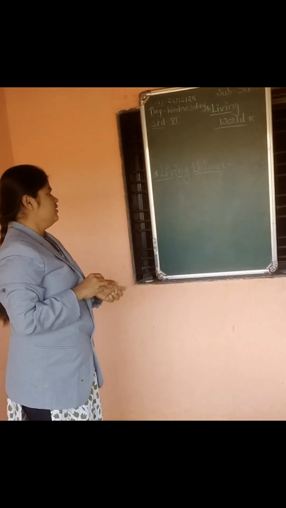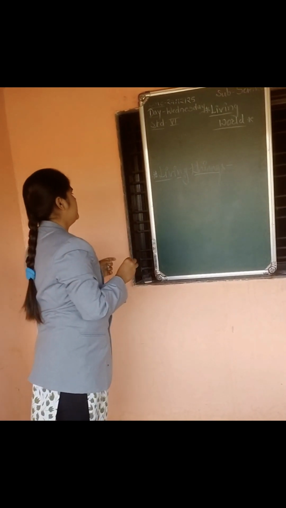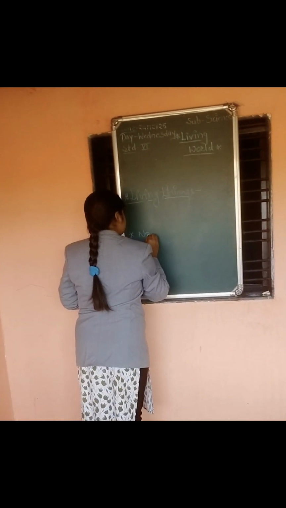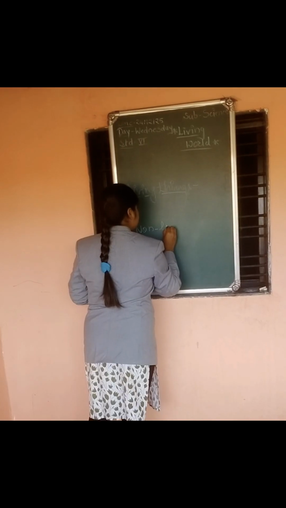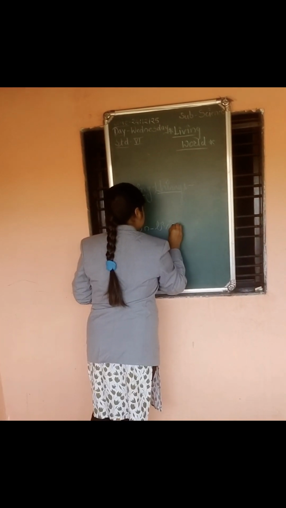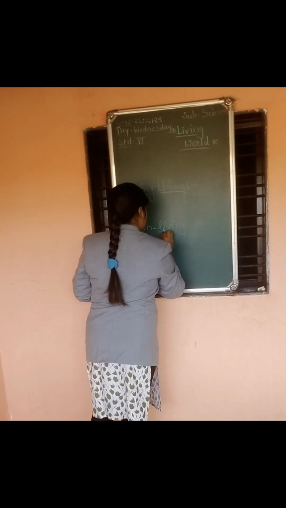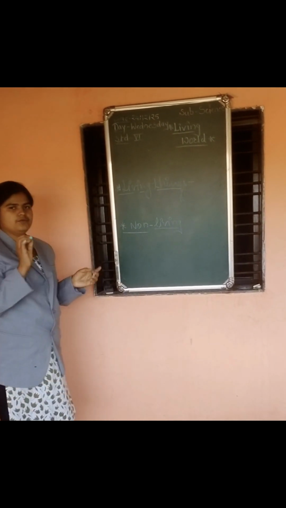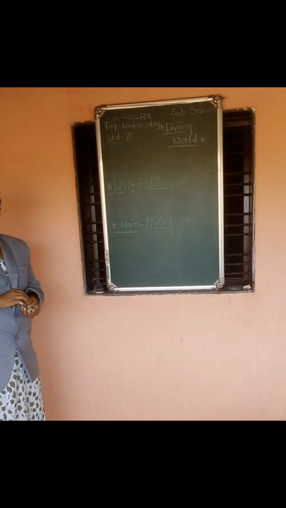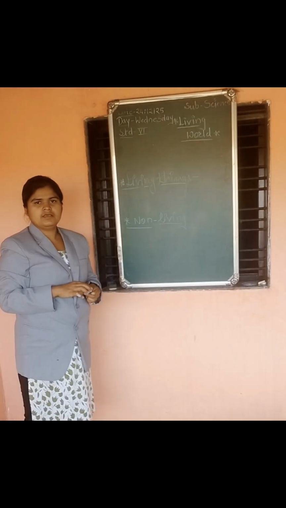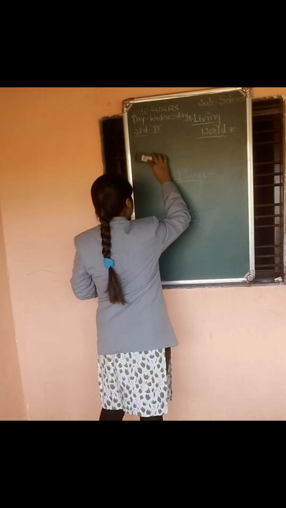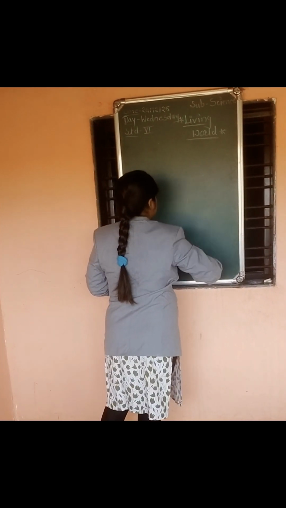This is all the property of living things. And non-living things means what? These characteristics are not observed in them, and they are called non-living. Okay? So this is all about today's lecture. Have you understood this concept? Students, if anyone has a doubt, please ask me, okay?